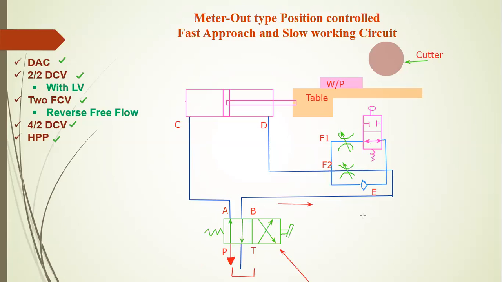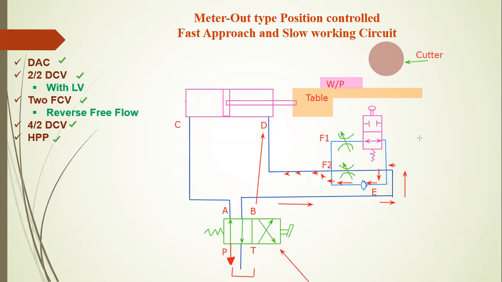The oil passes this way and F2, the second flow control, is bypassed. The oil passes from this check valve and enters this line, so F2 is bypassed, with the fast oil moving from point B directly to point D.